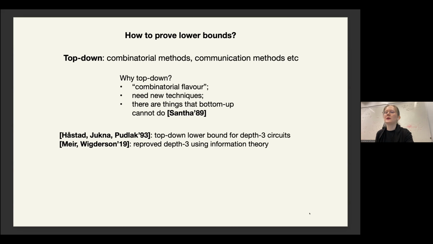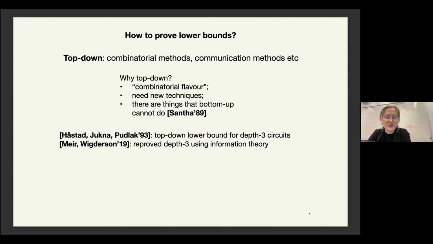And also it was a short, easy to read, and again, combinatorial proof. The downside was that it only worked for depth-3. So these authors posed the question whether these techniques can be extended to depth-4 and eventually full constant depth. And this had been open since that time.